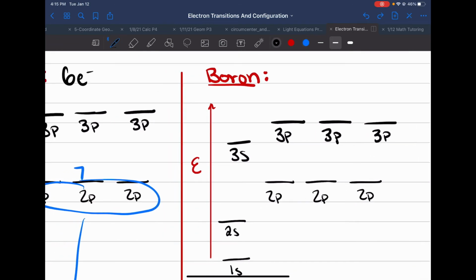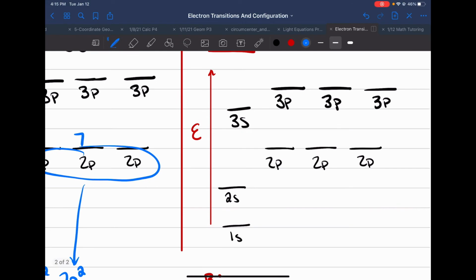So again, go to the periodic table, find out how many protons or electrons, they mean the same thing on the periodic table, how many electrons boron has. All right, boron has 5 electrons. So again, we start from the bottom. 1, 2, 3, 4, 5.